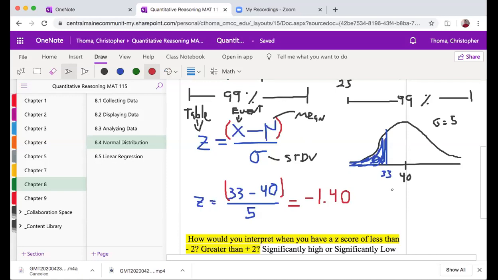And I go to negative 1.40, and I get an answer of 0.0808. Any questions where I got any of these numbers from?